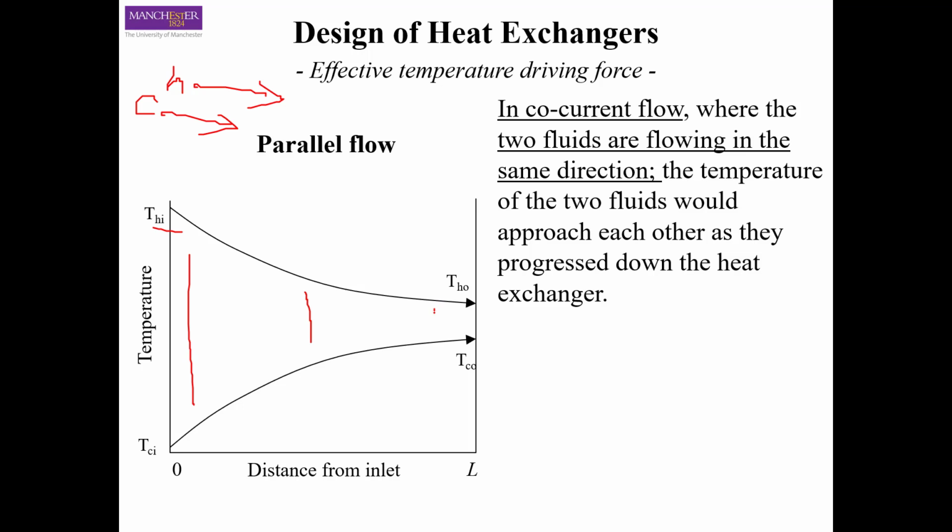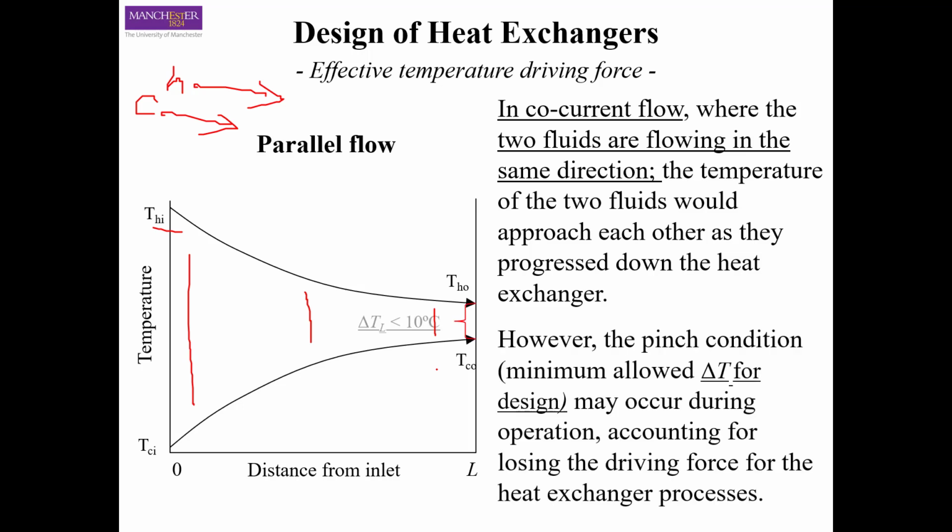So when we are working with parallel flow or co-current flow, we have to be careful about the minimum delta T available, because we don't want to go below 10 degrees centigrade, and that is mostly the minimum allowed delta T for design. You will take a course next semester, in year 2 semester 2, related to heat recovery and optimal design of heat networks.